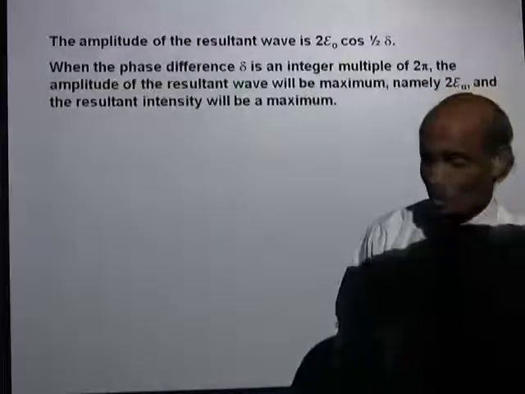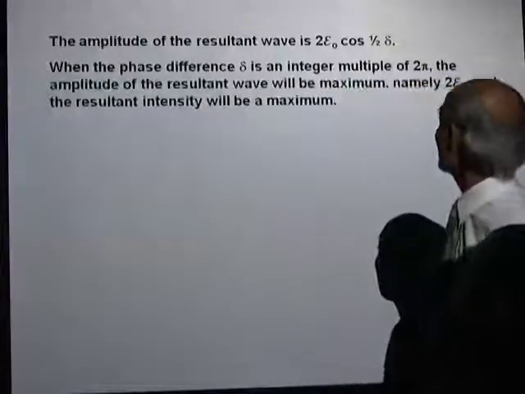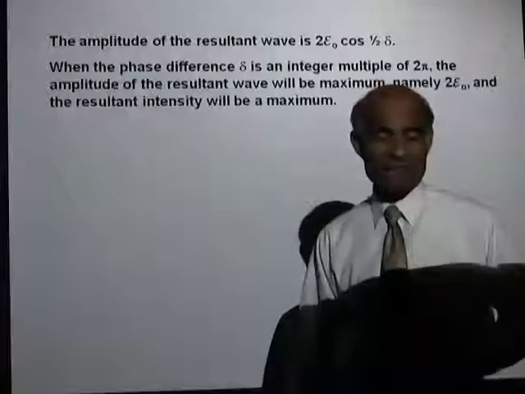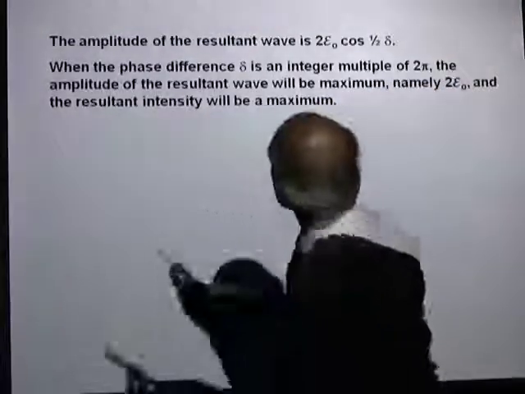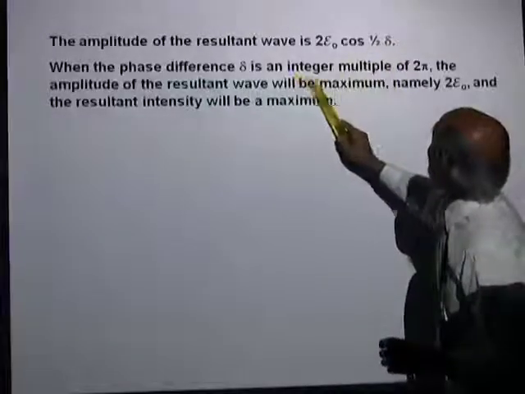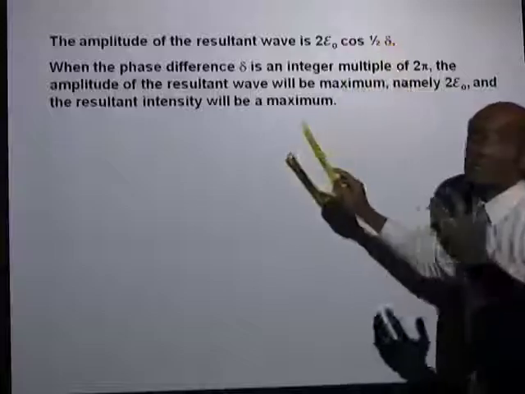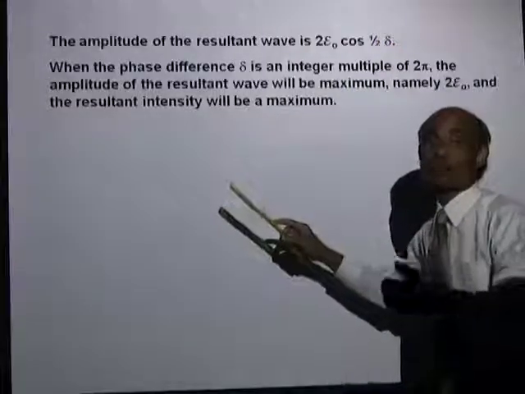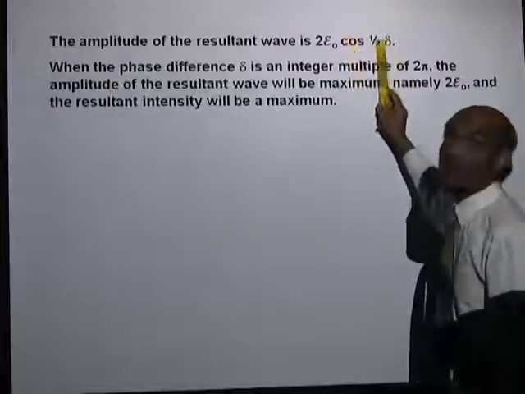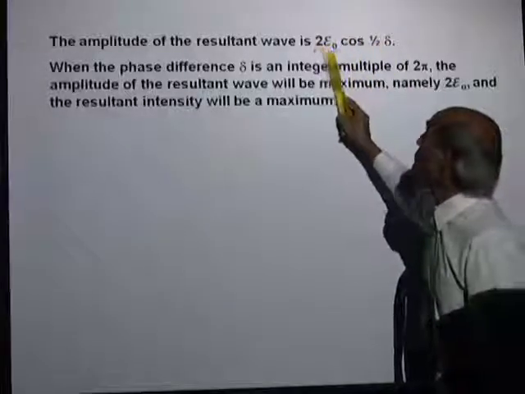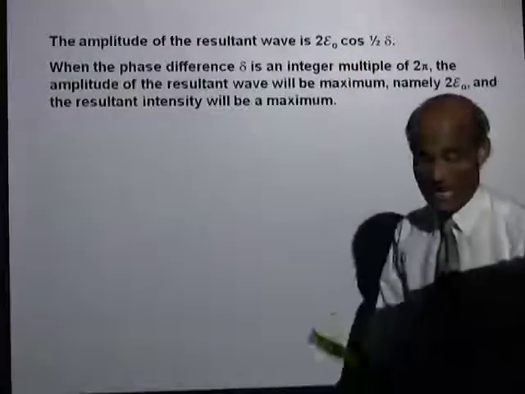So the resultant amplitude is 2E0 cos 1/2 delta, and if the phase difference delta is an integer multiple of 2 pi, then 1/2 delta will be 0, pi, 2 pi, 3 pi, and so on, giving the absolute value of the cosine to be 1, and the resultant amplitude will be 2E0.